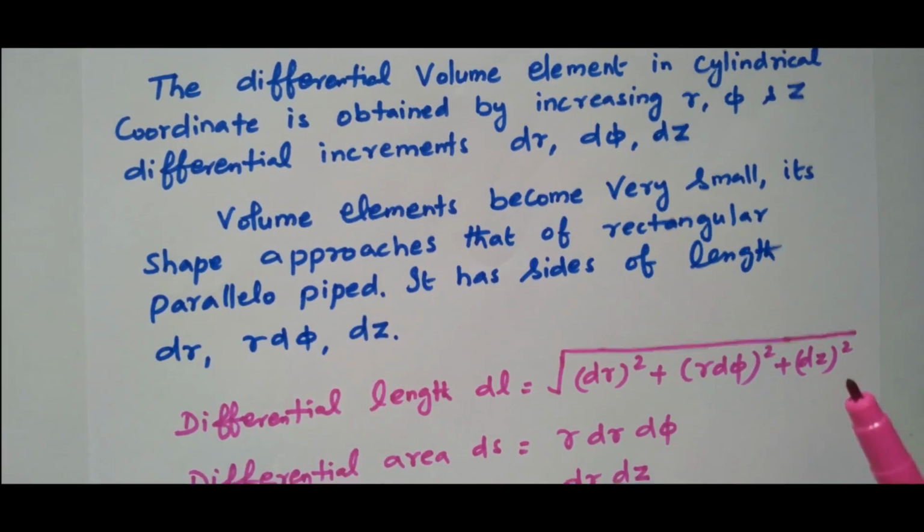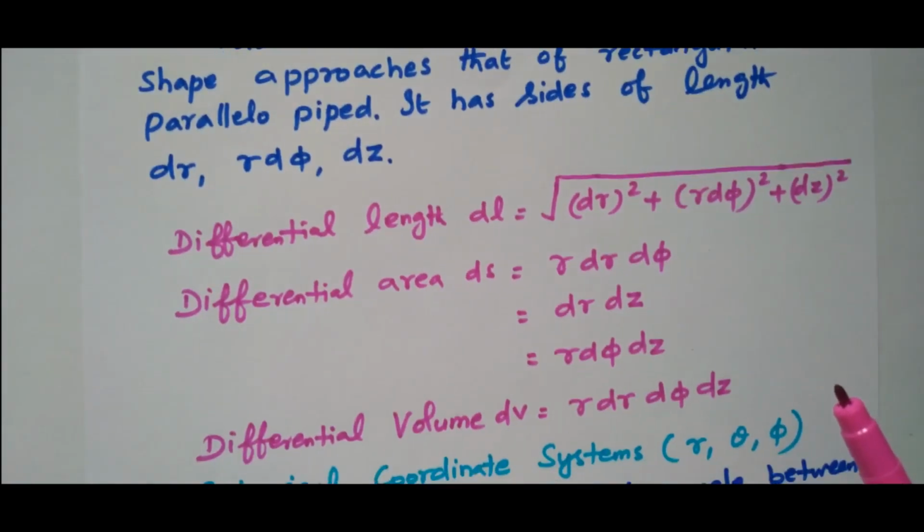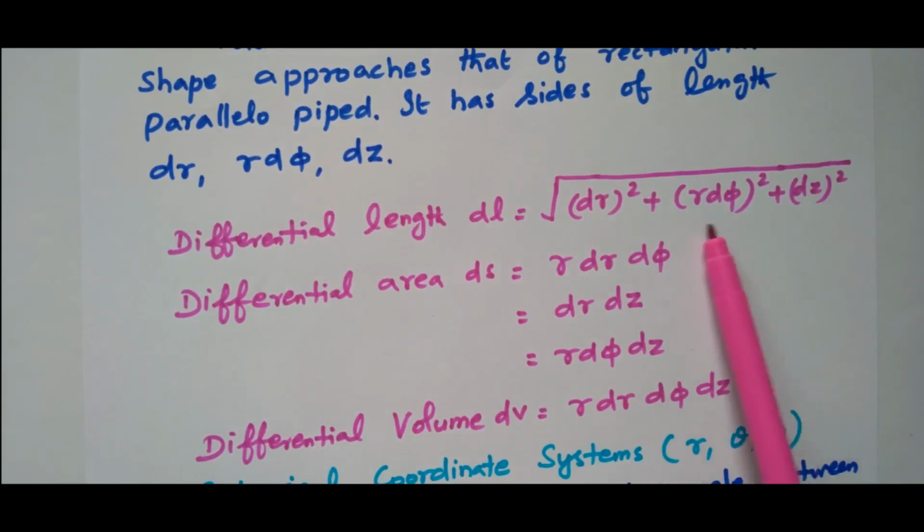From that we can easily calculate the differential length dl. Differential length is the square root of dr squared plus (r d phi) squared plus dz squared, right? So this is length, and this is also equivalent to length. Angle is converted into length.